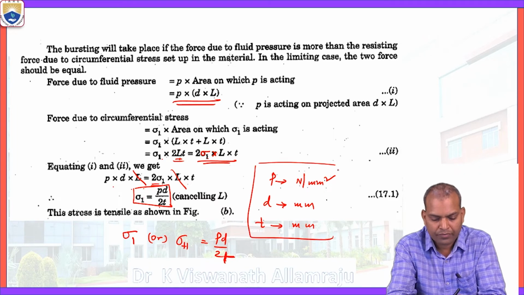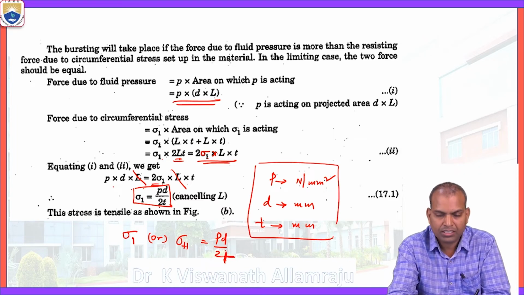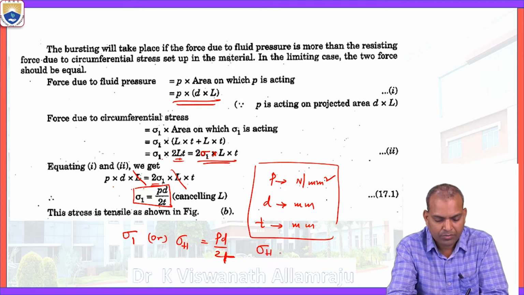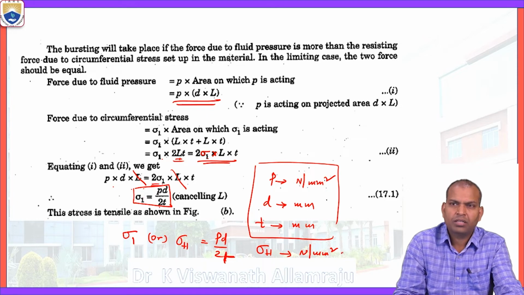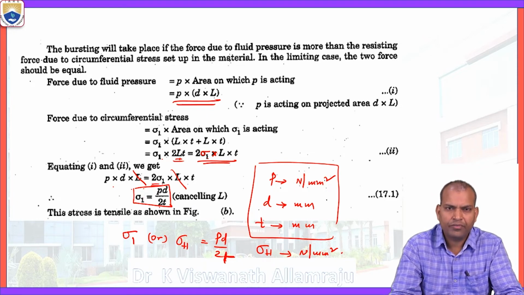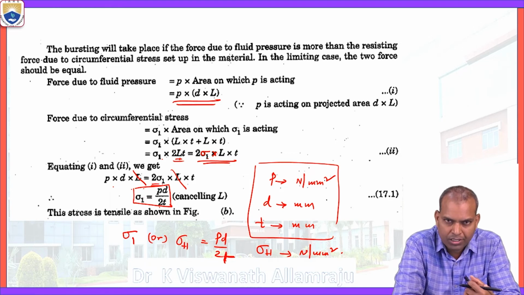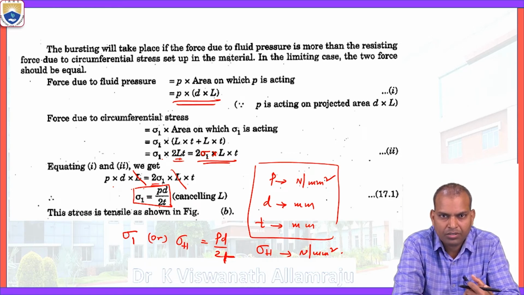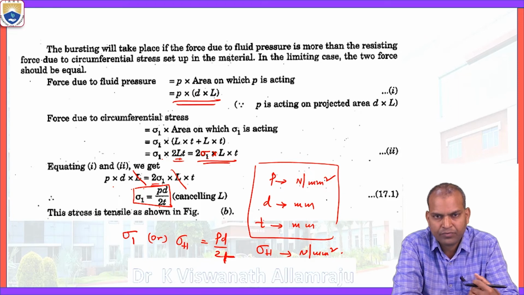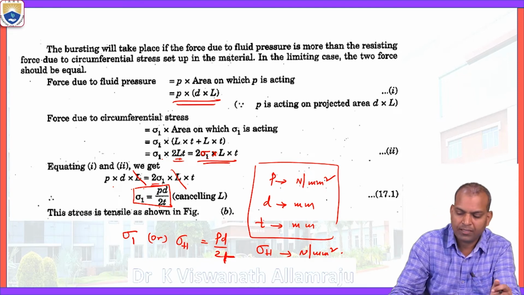So finally, if we cancel here, the unit of the circumferential stress, sigma h, is Newton per square millimeter. In this manner, we derive the expression of the hoop stress for the condition when the internal fluid pressure is acting on the thin shell.